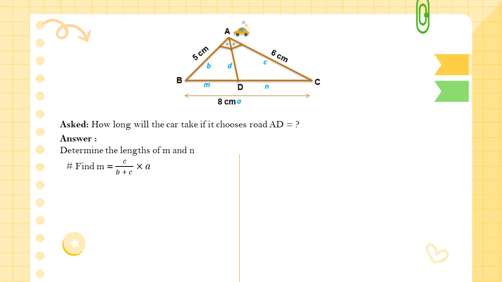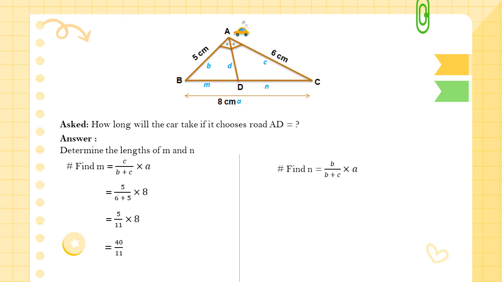Find M equals C divided by B plus C times A equals 5 divided by 6 plus 5 times 8, equals 5 divided by 11 times 8, equals 5 times 8 is 40 divided by 11.